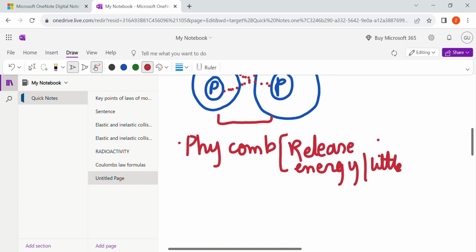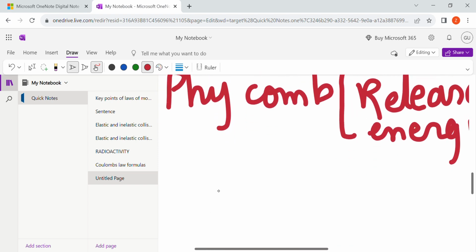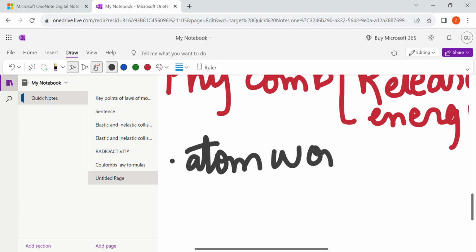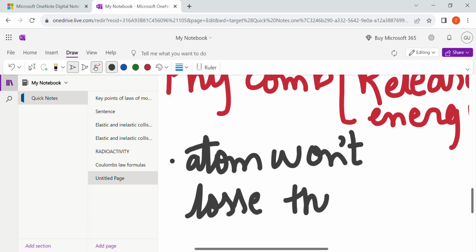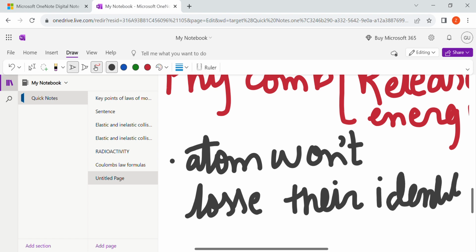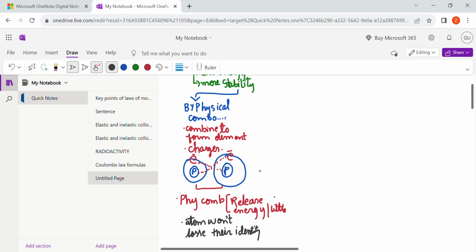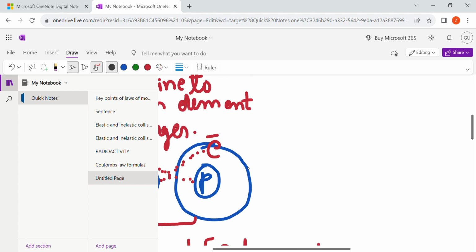Now we have done the physical combination, and we are going towards the chemical combination, alright?